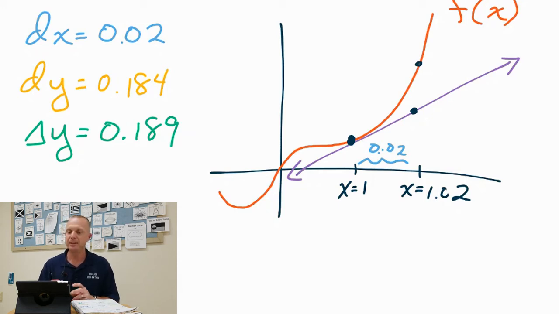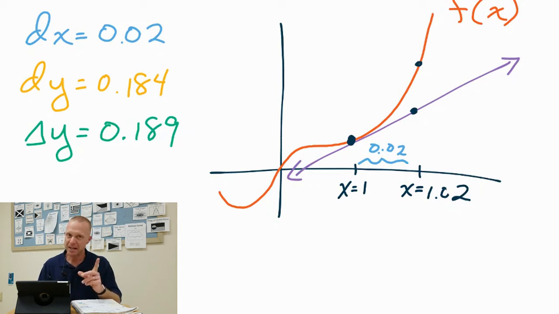How about the estimated change in y? How about 0.184? Now, that's the change in y, but it's an estimated change because it came from the derivative, or more technically, the differential.